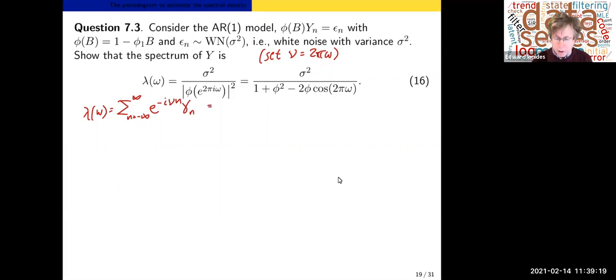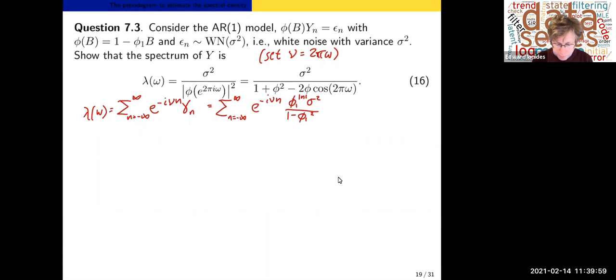That's the Fourier transform represented in angular velocity rather than frequency. And then I can write out what this is because we know the autocovariance function of the AR(1) model. This is the sum from n is minus infinity to infinity, e to the minus i nu n, phi_1 to the absolute value of n, sigma squared over 1 minus phi_1 squared.